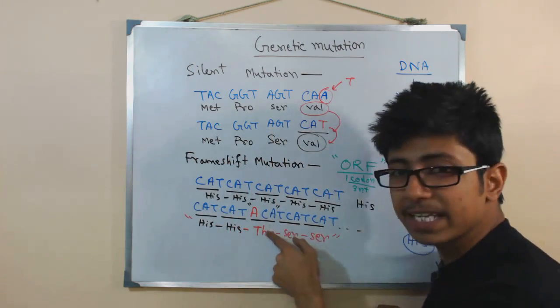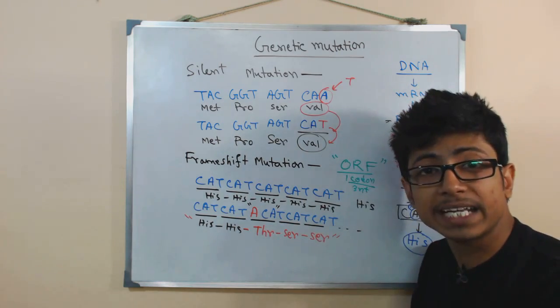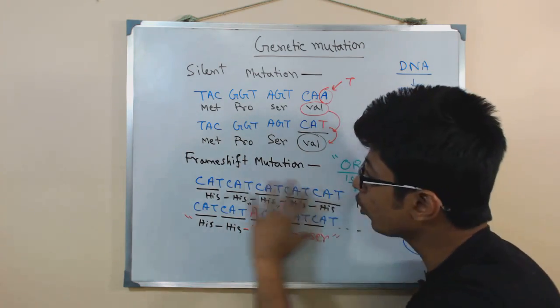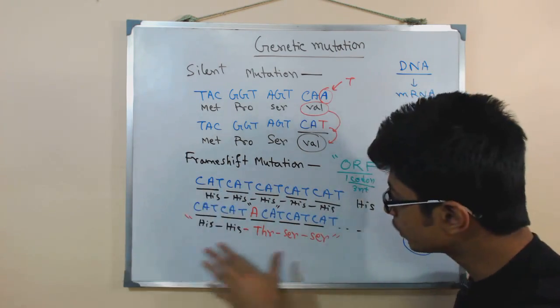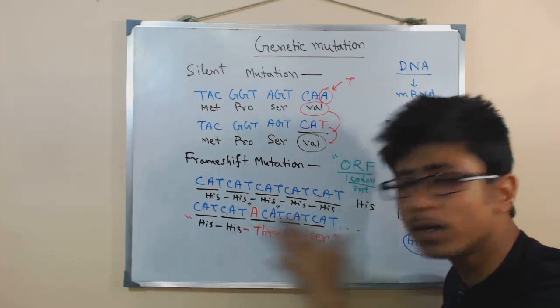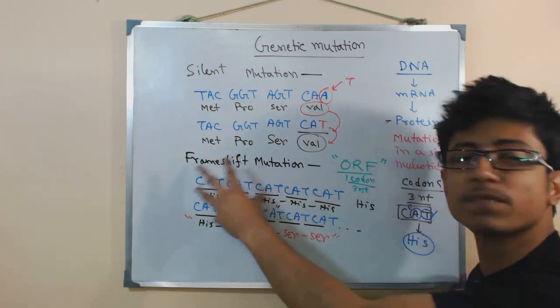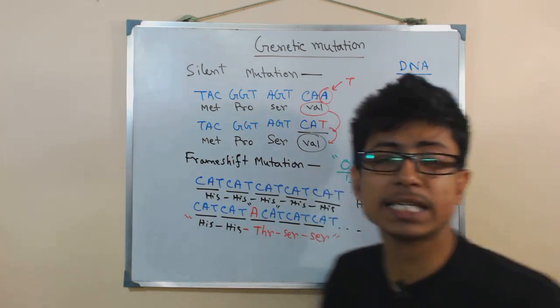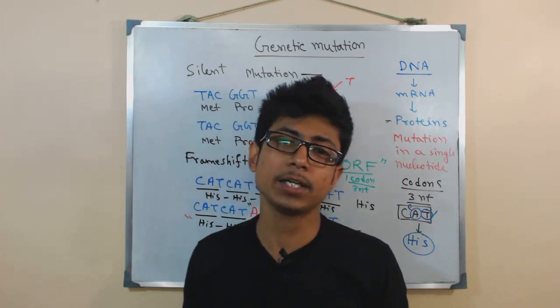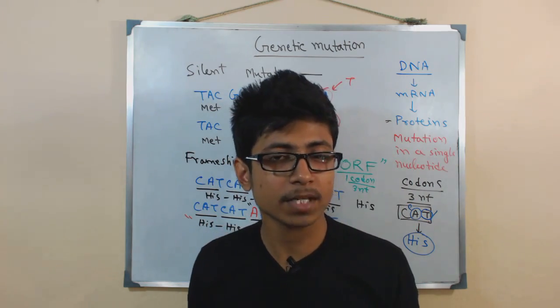But in this case, by adding one extra nucleotide, it will disrupt the whole open reading frame and produce a completely different type of protein. That's why frameshift mutation is much more dangerous. It can produce a much greater variety of proteins inside the cell, right?